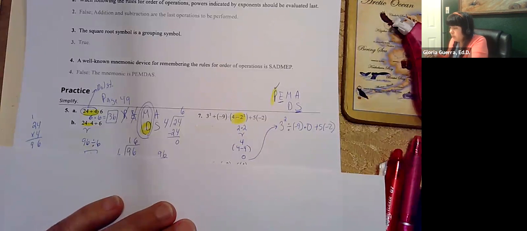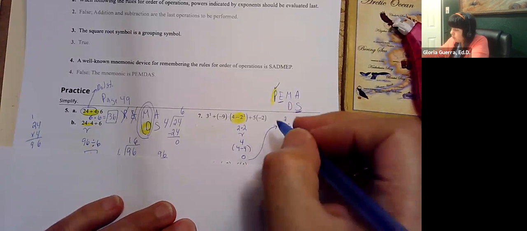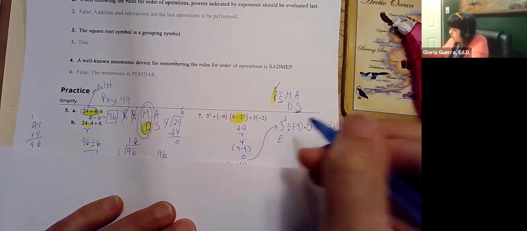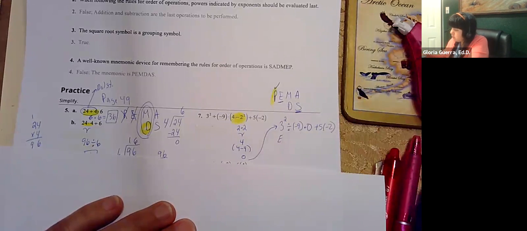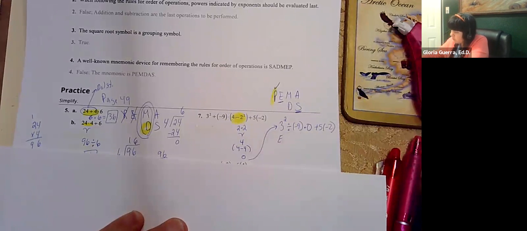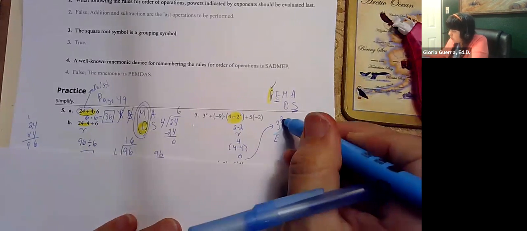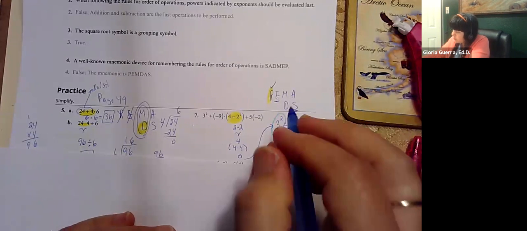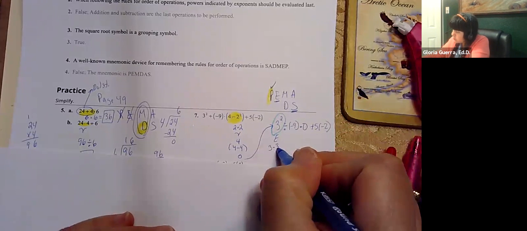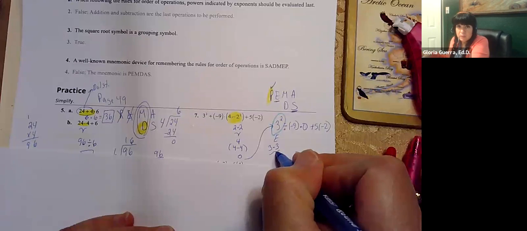And when you think about PEMDAS, you don't have any operations inside grouping symbols, so you get to skip P, but then you do have the E right here, those exponents that you want to take care of. 3 squared is 3 times 3, which is 9.